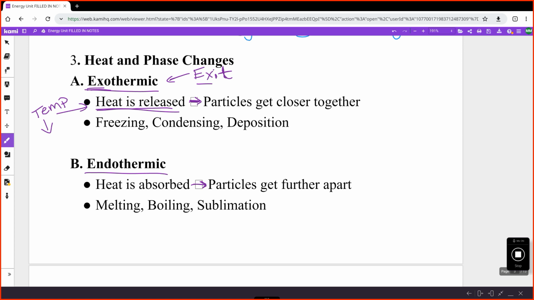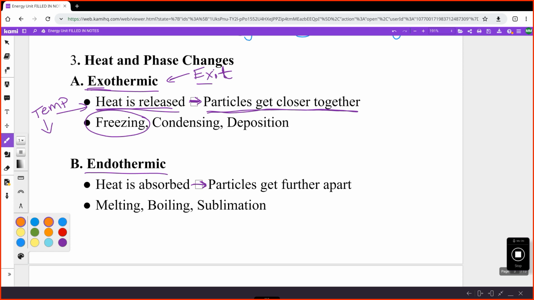If water starts to lose heat and lose heat and lose heat, eventually the particles are going to slow down. They're going to have less kinetic energy. They're going to get closer together. They're going to get less potential energy. And all of that losing of energy would freeze the water. So exothermic phase changes always deal with temperatures decreasing and particles just losing their energy, both kinetic and potential.